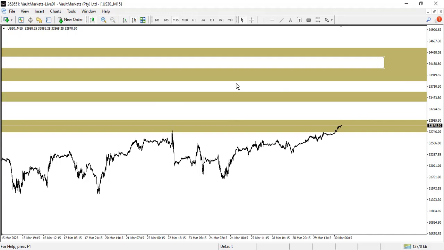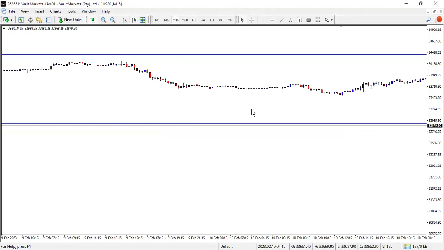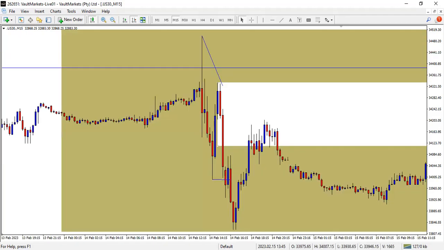All right. So now let's go to where everything originates. It originates right here. Mark that specific candle right here. So when things like this happen, sometimes we give it the benefit of the doubt.